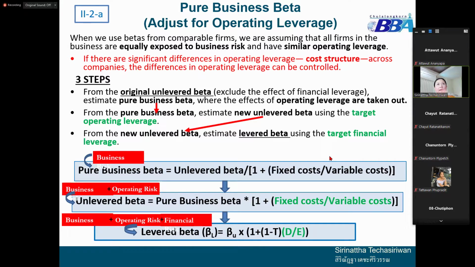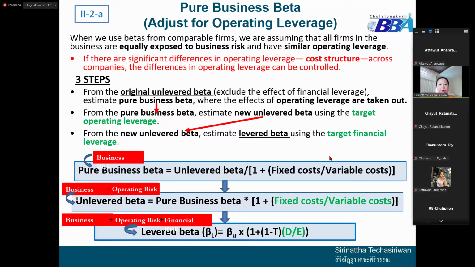Okay, so in practice, the most different in terms of risk is the financial leverage. Analysts normally assume that companies in the same industry have the same level of operating risk, which is a similar structure, a similar level of cost structure, the fixed cost to total cost.